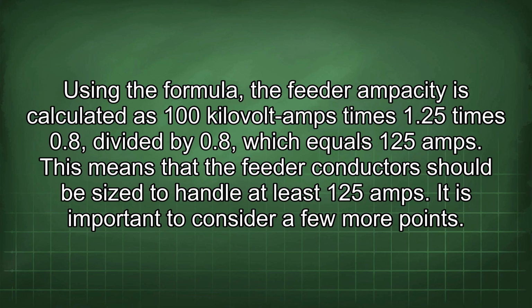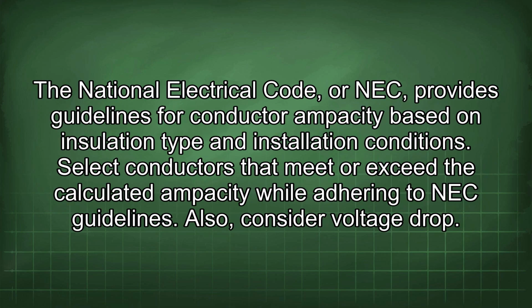It is important to consider a few more points. The National Electrical Code, or NEC, provides guidelines for conductor ampacity based on insulation type and installation conditions. Select conductors that meet or exceed the calculated ampacity while adhering to NEC guidelines. Also, consider voltage drop.